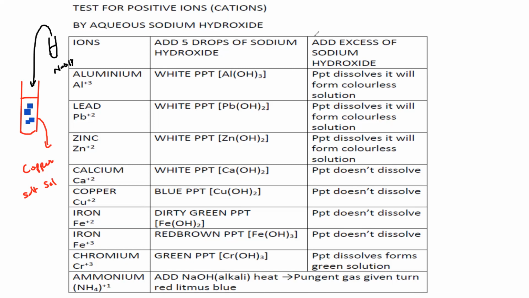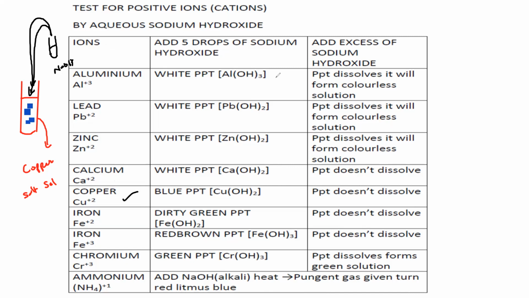And when we add excess, the term excess means more than enough, adding too much. The moment you add excess, the precipitate does not dissolve, or the precipitate remains insoluble. So the solid will not disappear, it will remain as it is. So it means you have a copper ion. Then iron can be iron plus 2 or iron plus 3.